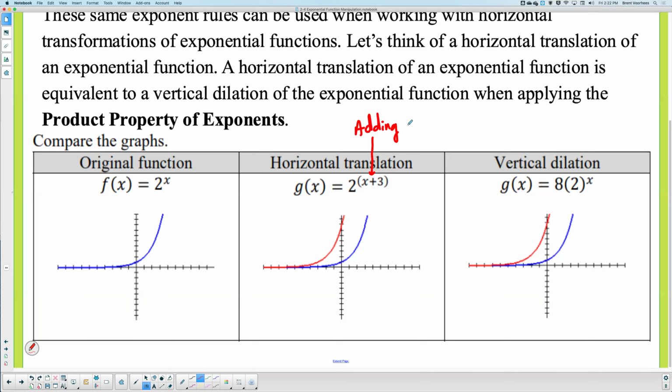I'm adding 2x. Now over here, I'm not adding to the x, this is the y. Am I adding 8 to the y's? What's that 8 doing? I am multiplying on the outside, which means I am multiplying the y's.